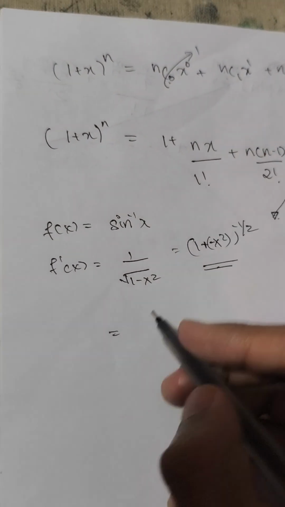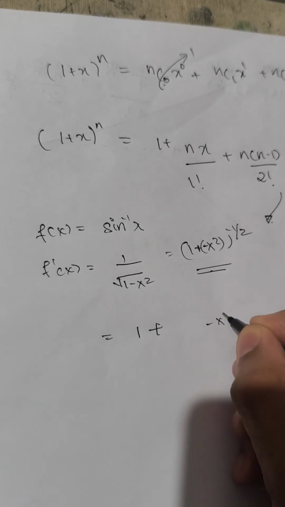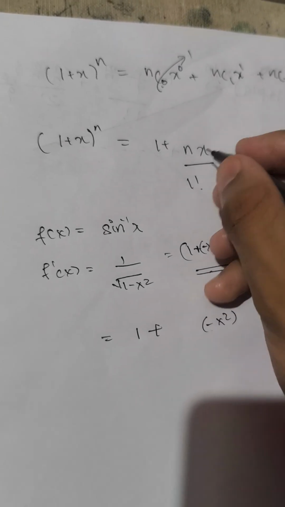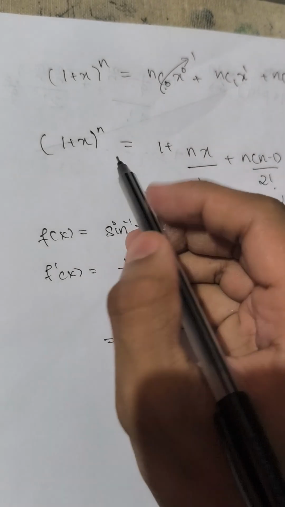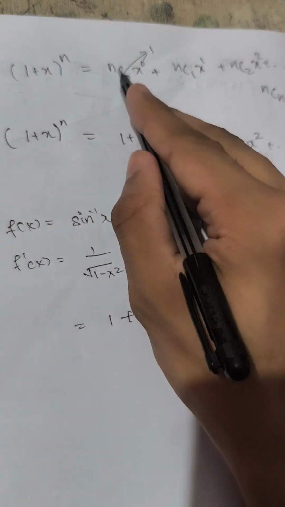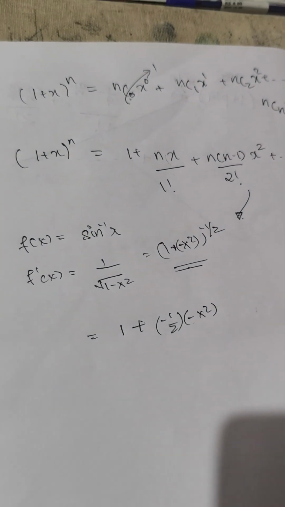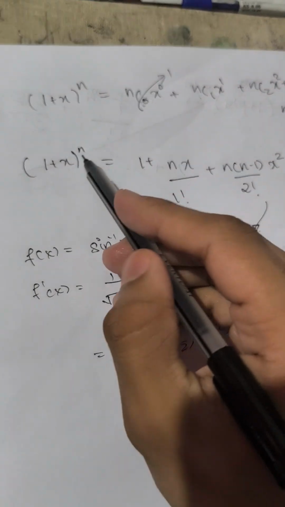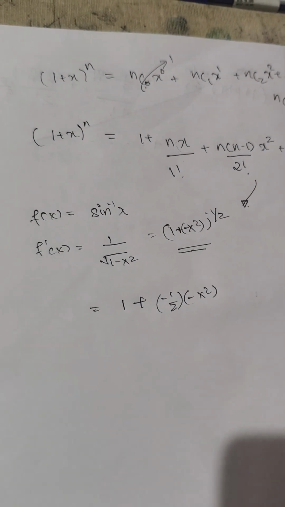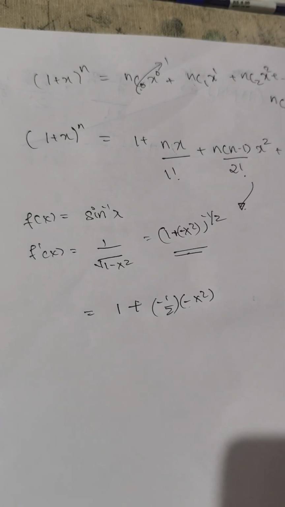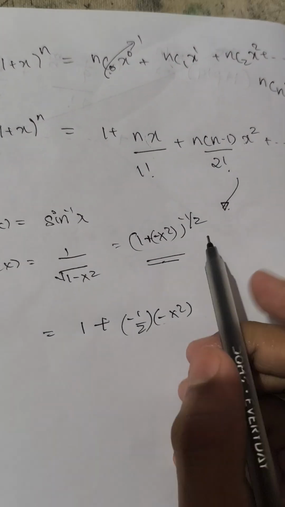So you can expand this like this: 1 plus, instead of x, it's going to be minus x squared, and instead of n, it will be minus half. The beauty of writing it like this is that there's no C notation here, so this is still valid. I'm not going into the proof of how it's valid for fractions and negative integers; you just have to take my word that it is valid for fractions as well.